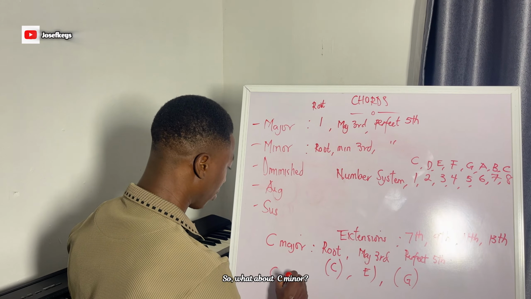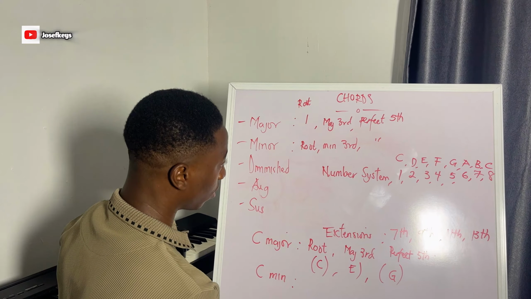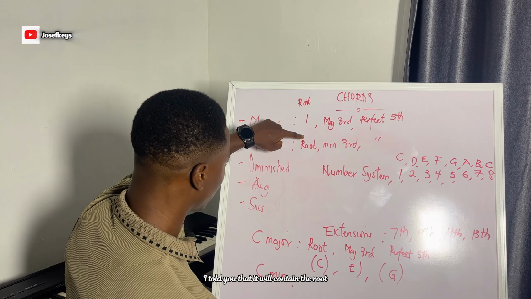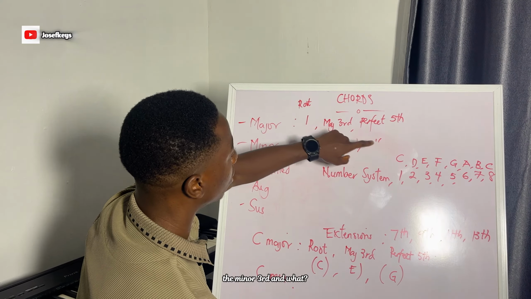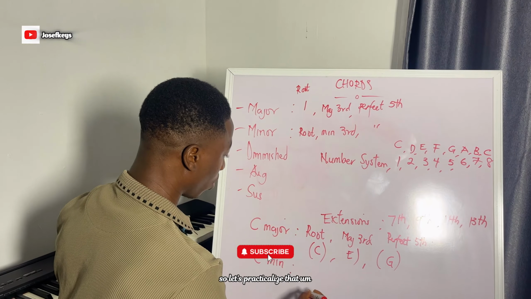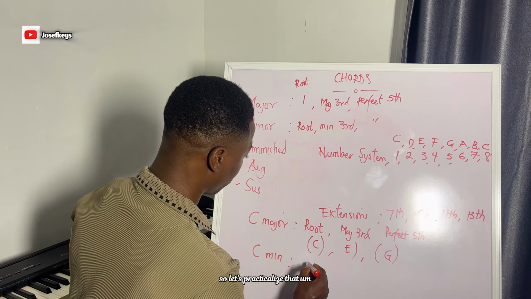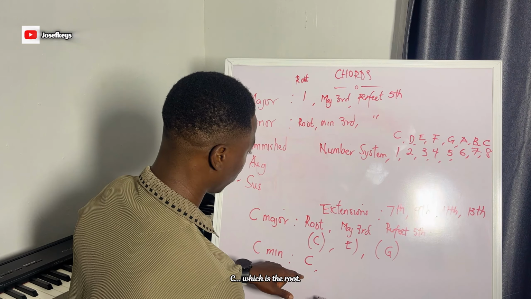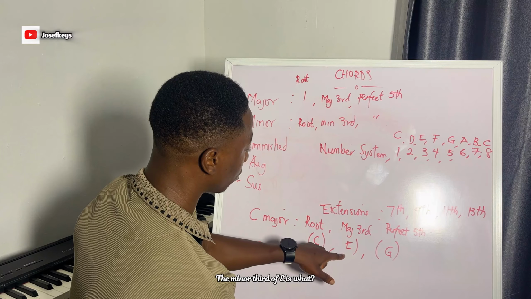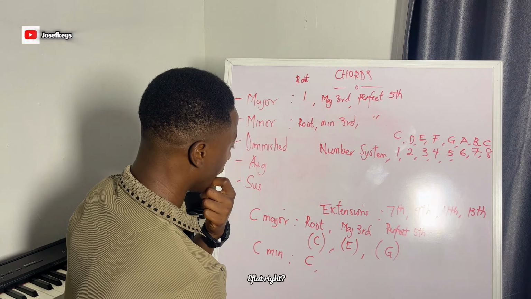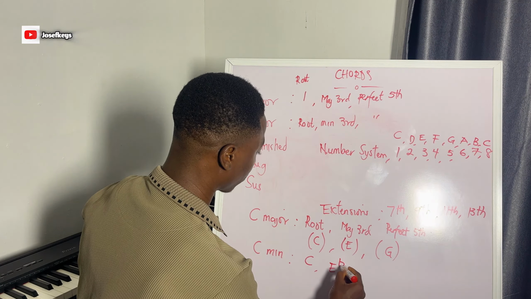So what about C minor? It will contain the root, the minor third, and the perfect fifth. So let's particularize that. C, which is the root, the minor third of E is E flat, right?